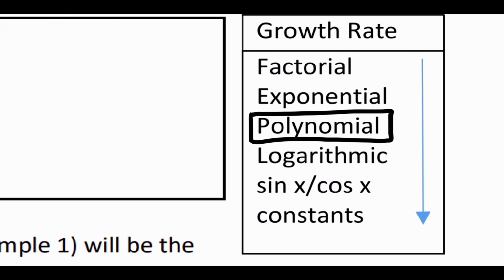The only 2 things that grow faster than polynomials in this class are factorials and exponentials. Factorials we don't deal with in this class.